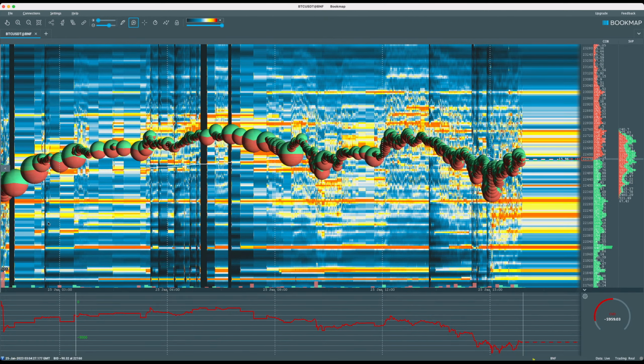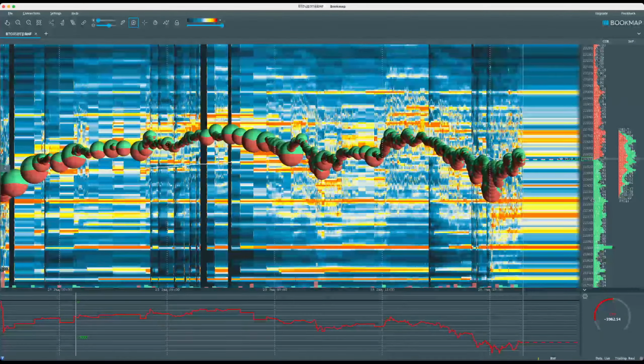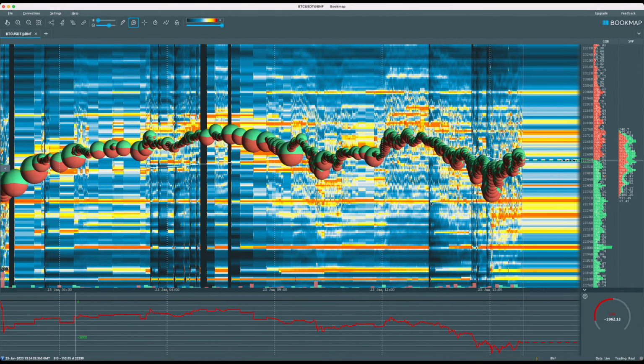Right now I can see an order block without even needing to draw one, and it's this line here. You can see this is the order flow. At this key level here, 22,200, actually 22,300 to be exact, that volume hasn't moved.